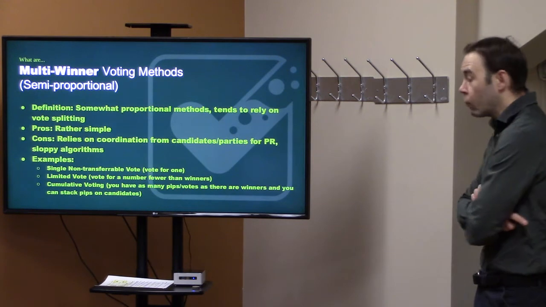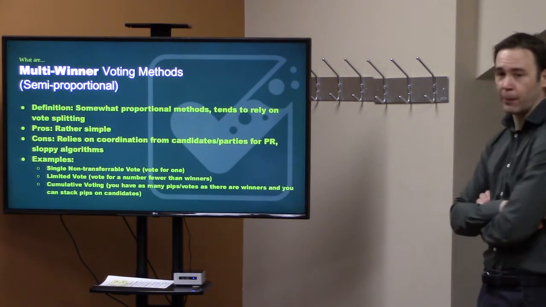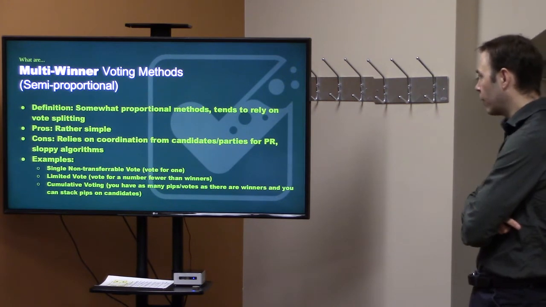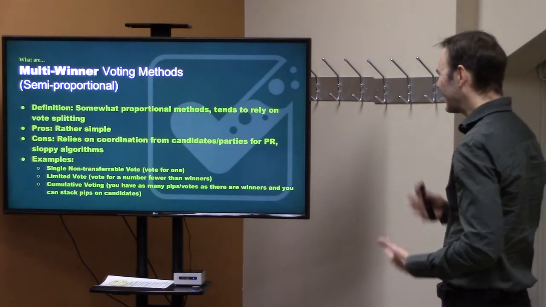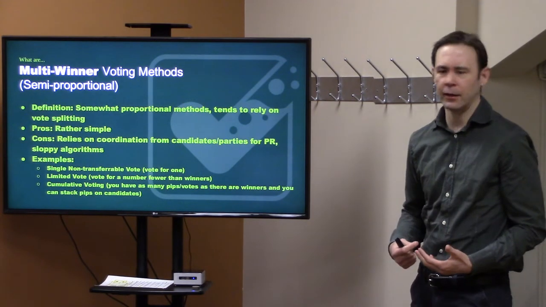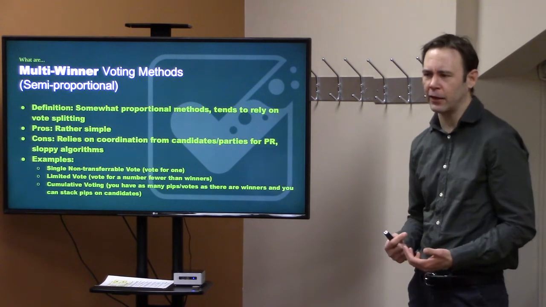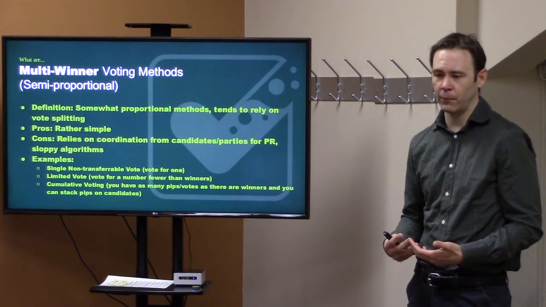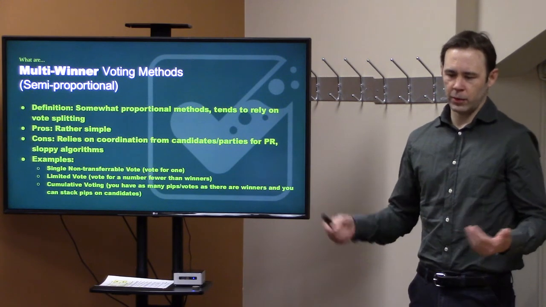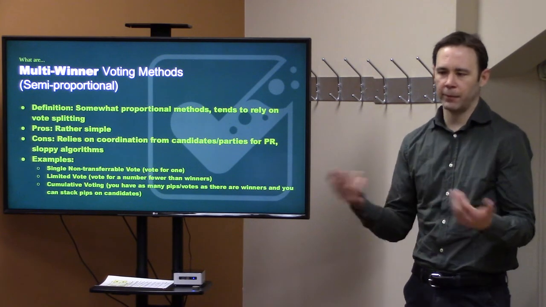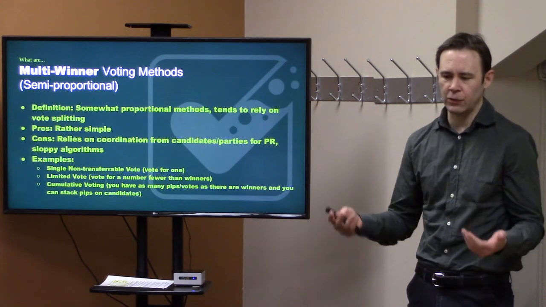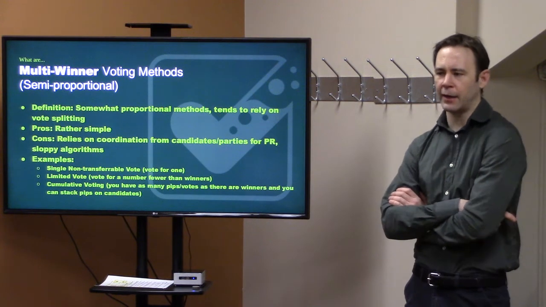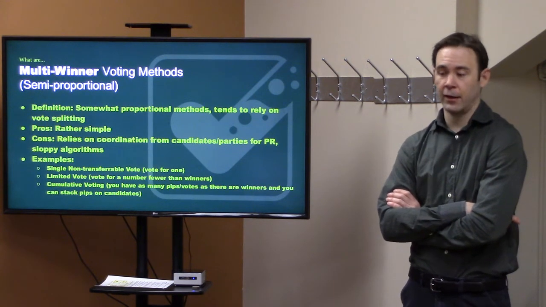One of the things that's nice about these semi-proportional methods is they give you a roughly proportional outcome. And they're simple, but kind of sloppy as well. These particular methods rely on a lot of coordination with the people running. Say you are part of a party for some group, you're looking at your electorate, you see how much support you have, and you see that you could really gather up about 40% of the electorate.